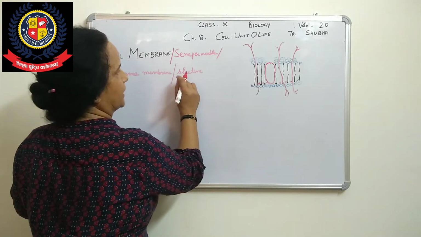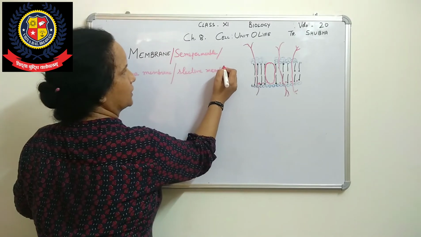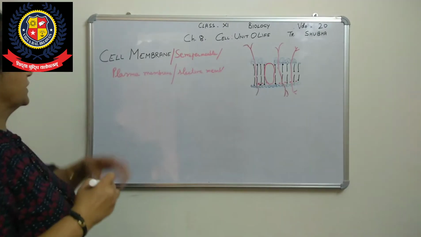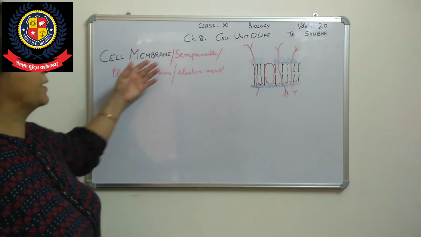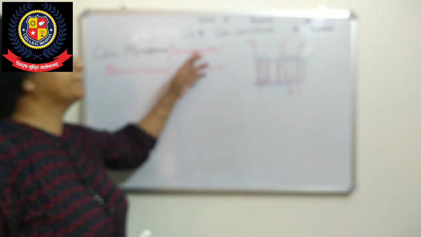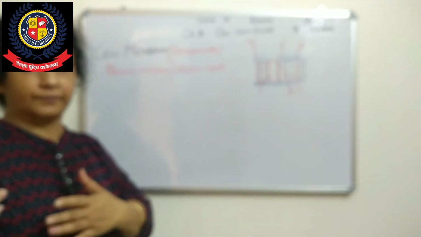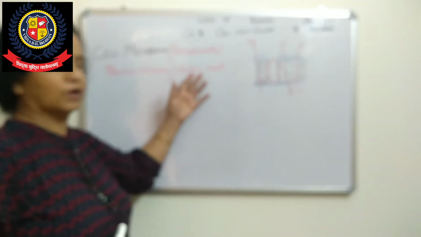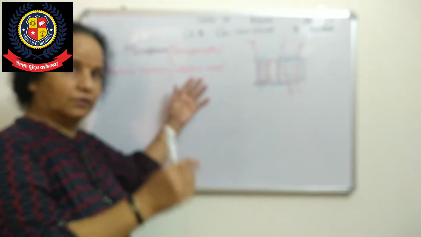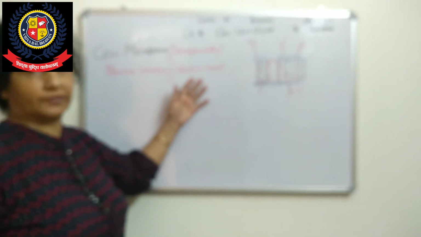Semi-permeable means it will not give permission to all molecules to get inside or get out of the cell. And it is called a selective membrane because it selects which one should go inside the cell and which one should come out of the cell.